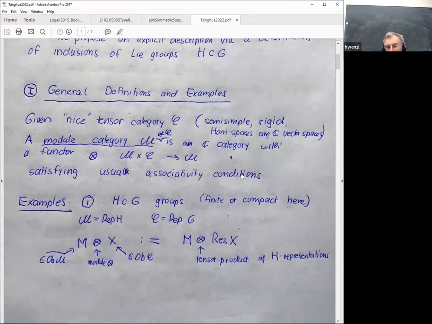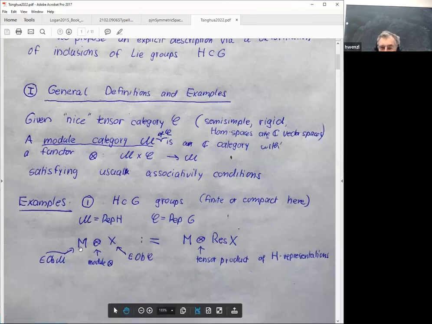Some of the examples: say you have two groups, H embedded in G. They should be finite or could be compact groups. Then we can make the representation category of the subgroup into a module category of the representation category of the big group by a very simple method, namely the restriction functor.